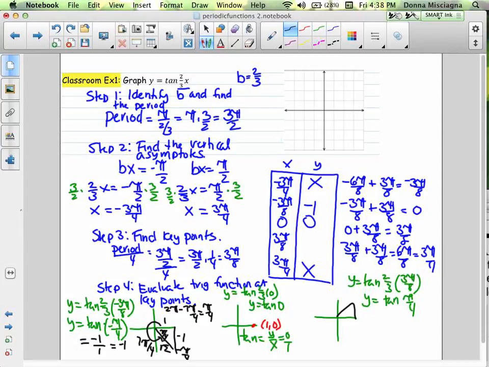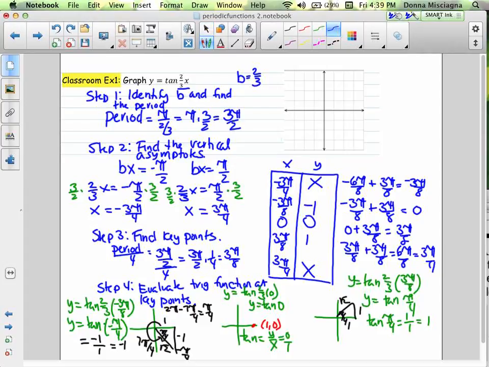So if this is pi fourths, the opposite side is 1, the adjacent side is 1 because x and y are positive. The hypotenuse would be the square root of 2, not that we need it, because tangent is the opposite over adjacent, so 1 over 1, or just 1. So that means our last value in our table is 1.